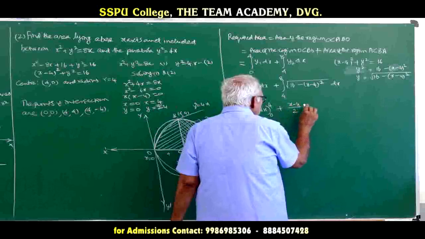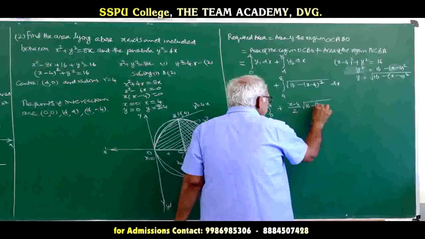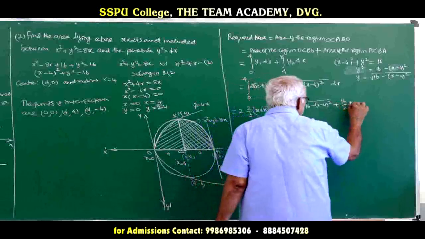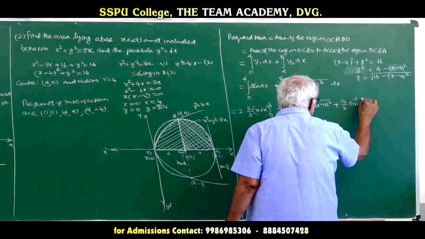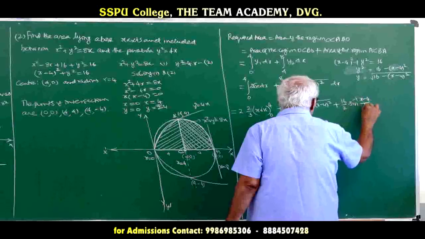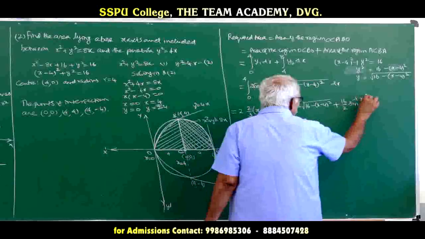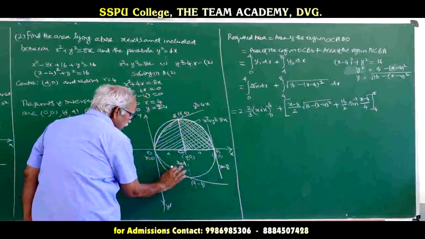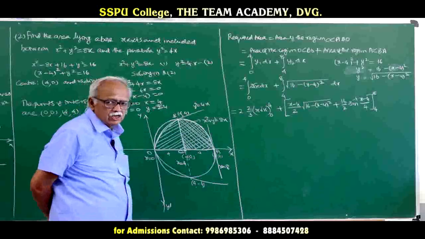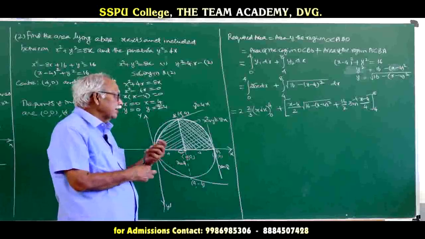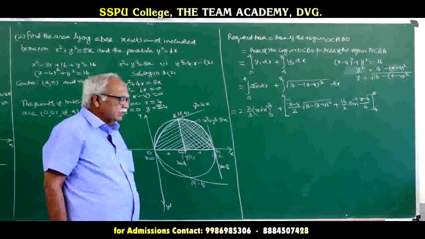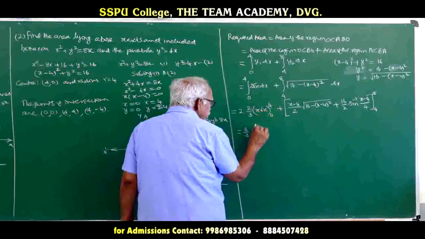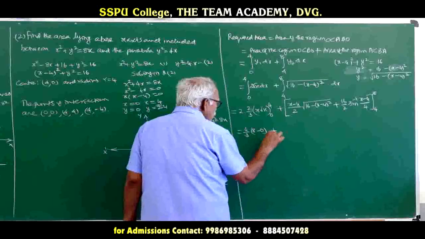It is (x minus 4) by 2 into square root of 16 minus x minus 4 whole square plus a square by 2 into sin inverse of (x minus 4) by 4. The limits are 4 to 8. See here, x is equal to 4, x is equal to 8. Therefore, the limits are x from 4 to 8 for the second integral, second area. Now, let us take this: 4 by 3 into 4 into root 4, that is 8, minus 0, plus.